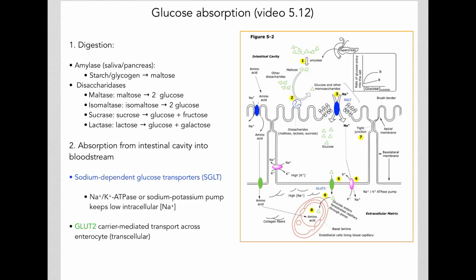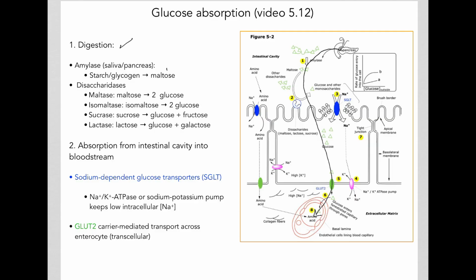A few words about glucose as a foreign molecule. Glucose in your diet has to be absorbed into your bloodstream. So the dietary glucose has to be absorbed into the bloodstream as a foreign molecule in your diet, and that is done, of course, by digestion.